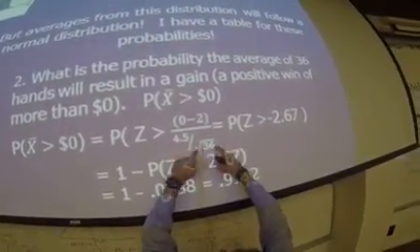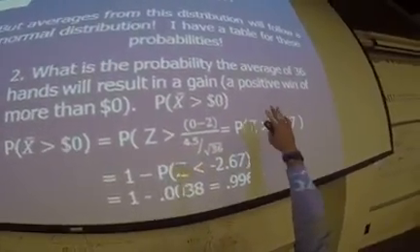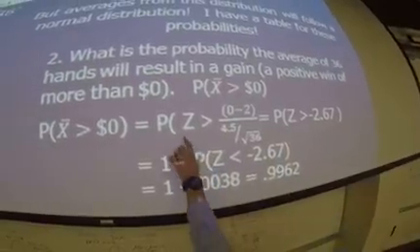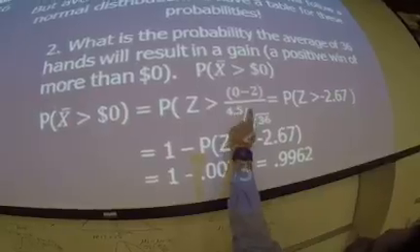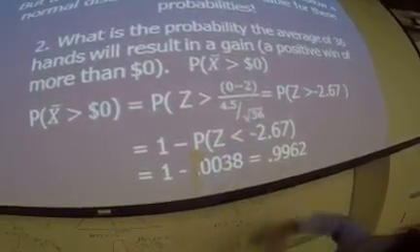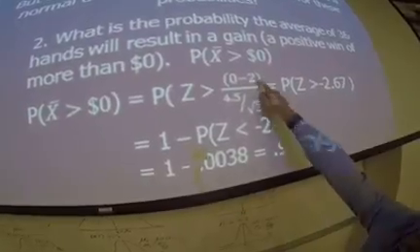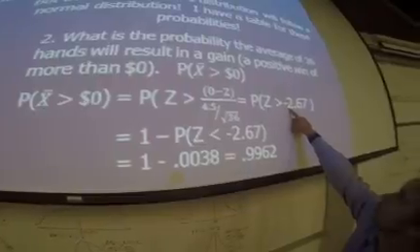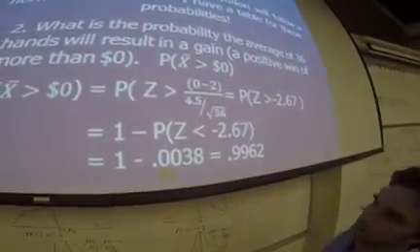N is 36, so you can put it in line right here in the equation instead of solving for it somewhere else. Don't let that confuse you. This is the probability that z is greater than 0 minus 2, divided by 4.5 divided by the square root of n. I should have a closing parenthesis right there. If you do that math, that's the z-score. It's the probability that z is greater than negative 2.67.